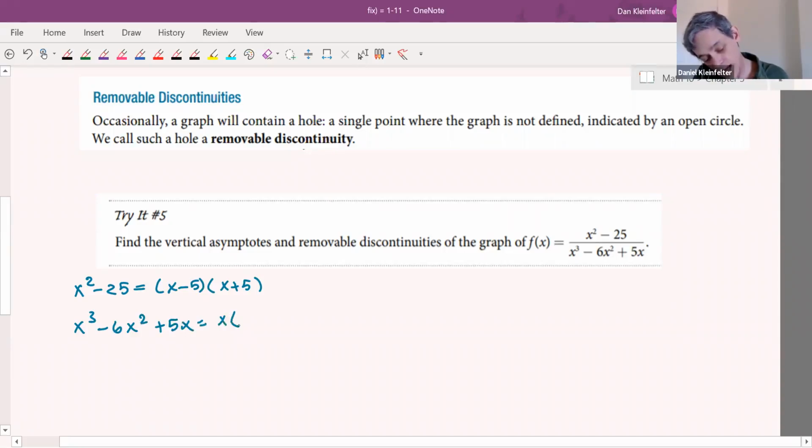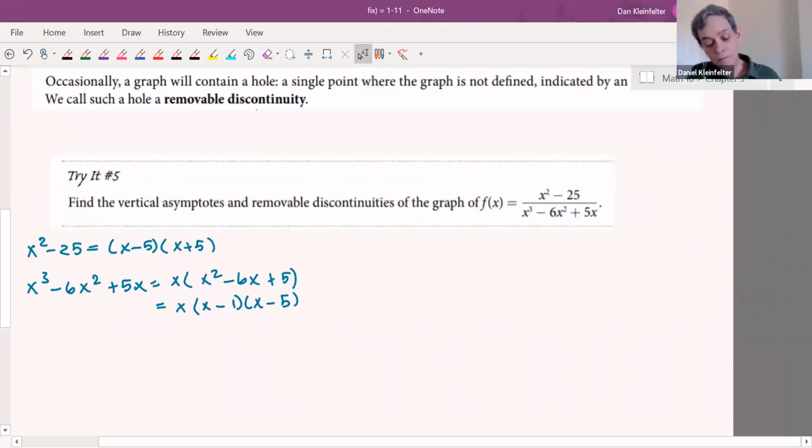We'll see what's left. x comes out. That will leave x squared minus 6x plus 5. All right, and so now we need to try to factor that quadratic. So two numbers that multiply to 5 and add up to -6, same sign, both negative. That sounds like x minus 1 and x minus 5.